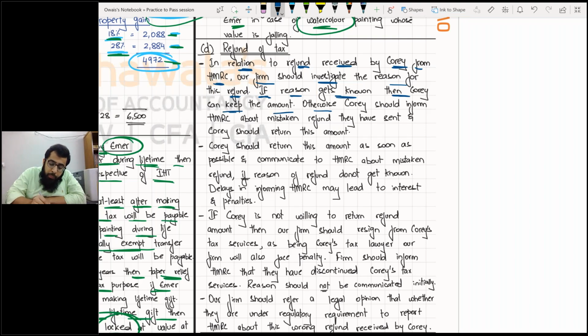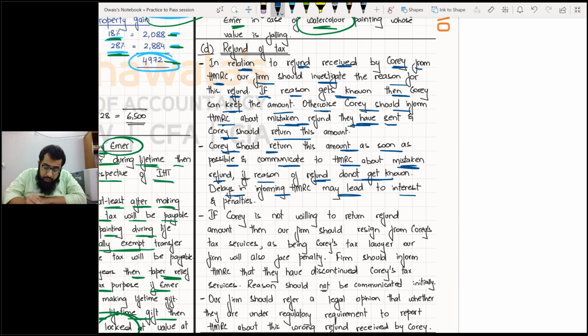Otherwise, Corey should inform HMRC about the mistaken refund they have sent, and Corey should return that amount as soon as possible. Delays in informing HMRC will lead to interest and penalties.